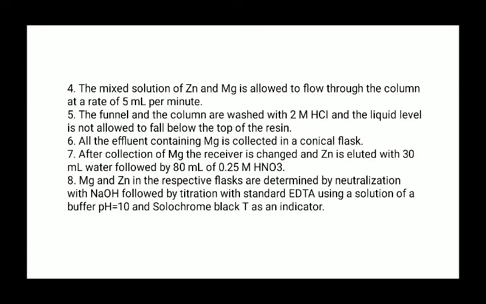After collection of magnesium, the receiver is changed and zinc is eluted with 30 ml water followed by 80 ml of 0.25 molar HNO3. Magnesium and zinc in the respective flasks are determined by neutralization with NaOH followed by titration with standard EDTA using a buffer solution of pH 10 and Solochrome Black T as an indicator.